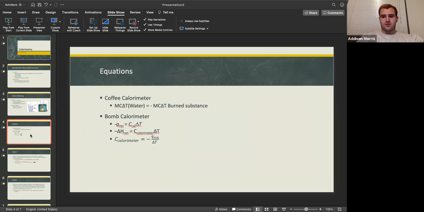In this class, it'll probably give us all the other variables and not what we really want, obviously. The equation for the coffee cup calorimeter is that the heat terms are set equal to each other. For the bomb calorimeter, we have Q reaction equals heat capacity of the calorimeter times delta T. The rest of them are just variations of that. You just have to think it through correctly, not like I did earlier. And that's it.